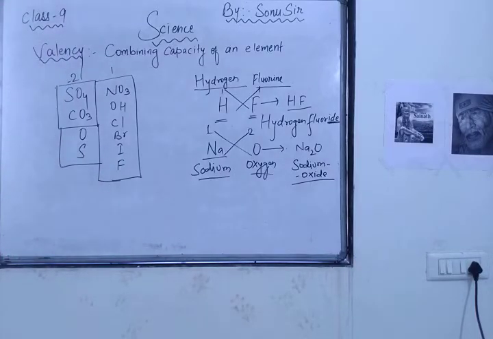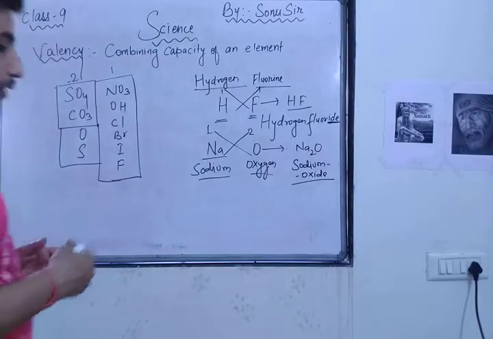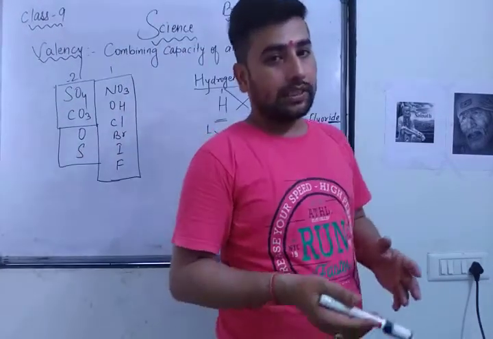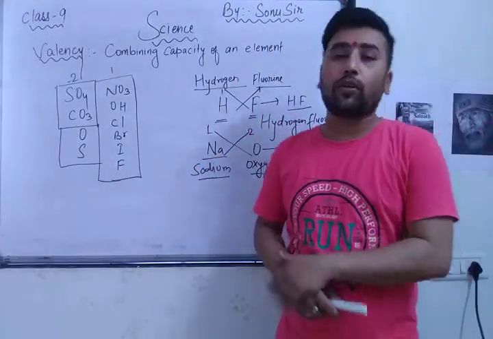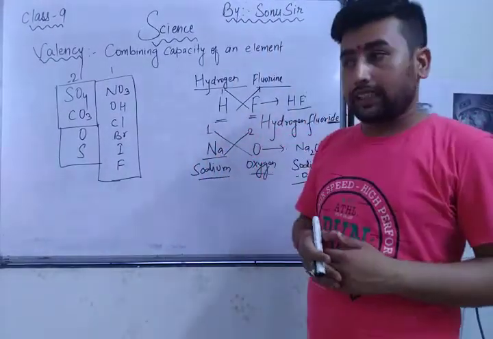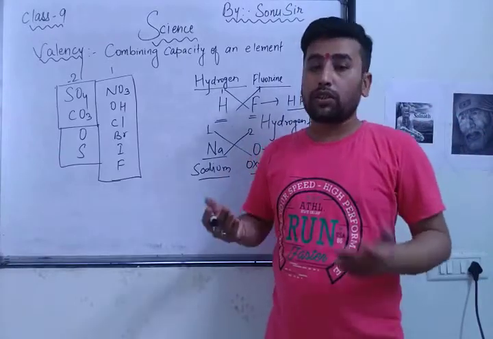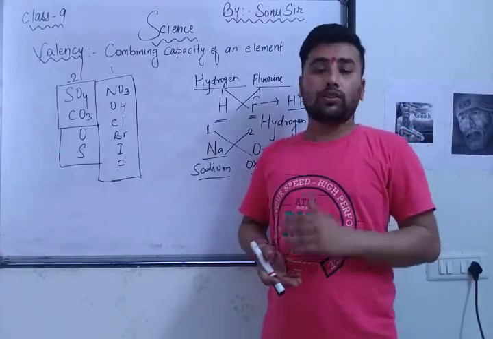If you know the valency of an element, then it's very easy to write the chemical formulae. First of all you should know the concept of valencies, which element has what valency, right? If I talk about hydrogen, 1 valency, lithium, 1 valency, sulfur, 2 valency, oxygen, 2 valency.